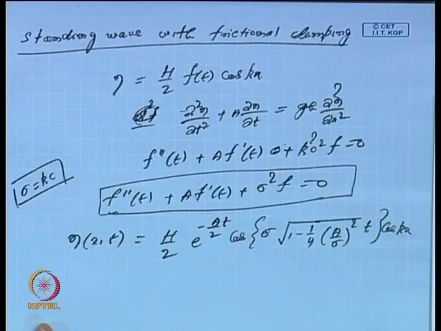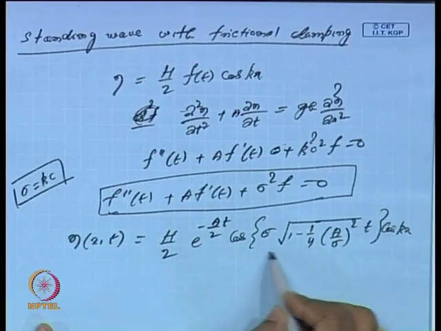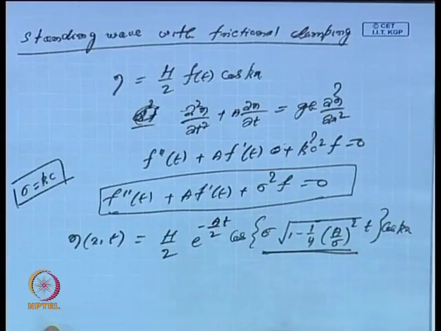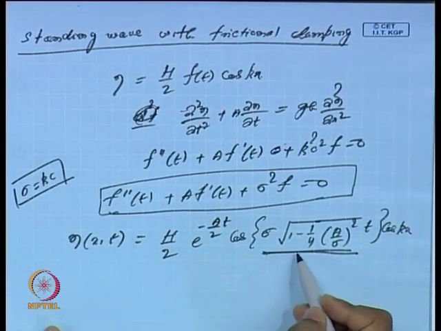So, if this is my eta(x, t), now let me analyze this term. Suppose this term is cos sigma t into square root of 1 minus (1/4)(a/sigma)^2.